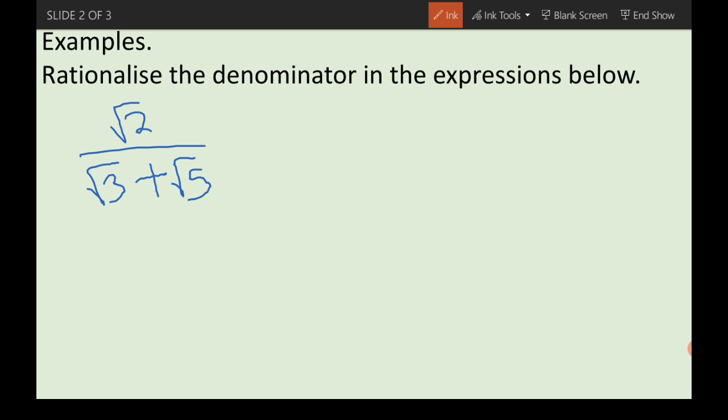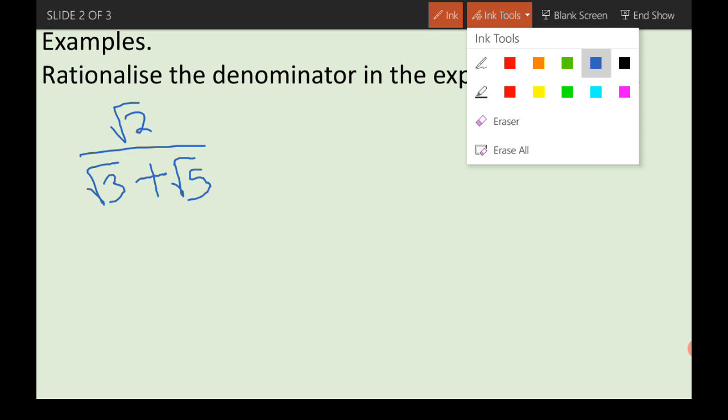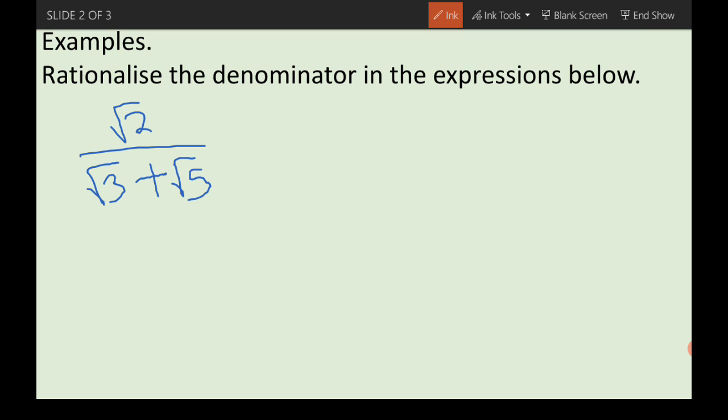So in case we have something like this, what we do is very simple. We simply multiply both the numerator and the denominator by the conjugate of the denominator. Conjugate means that you multiply with the opposite sign. Where we had the addition, put there the subtraction. So this is root of 2 divided by root of 3 plus root of 5.